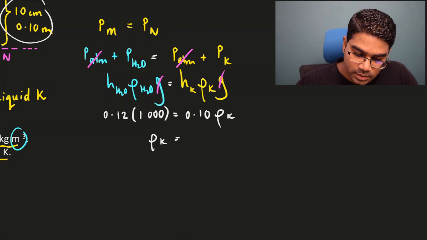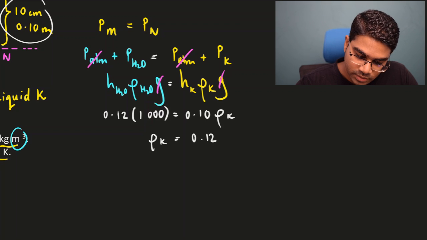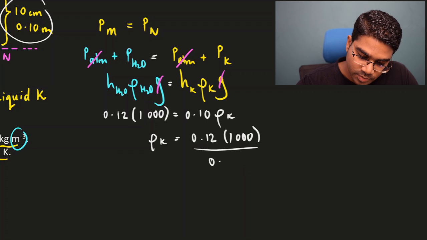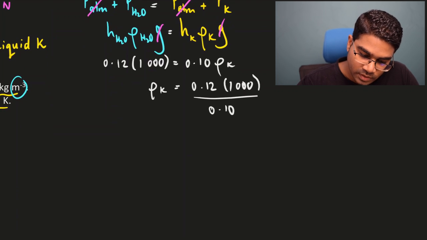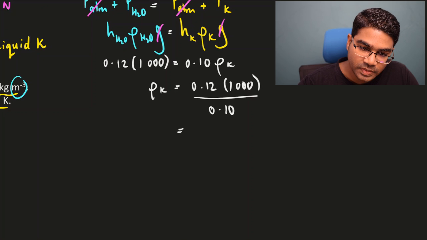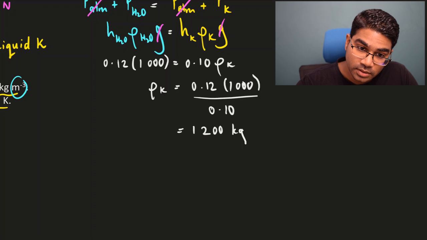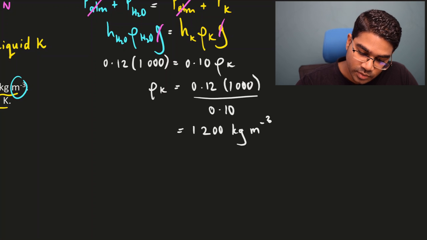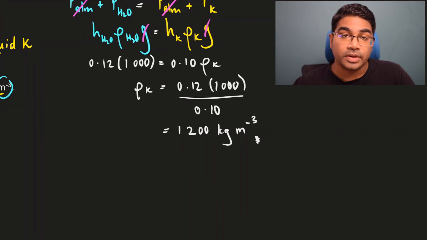Now we will get 0.12 times 1000 divided by 0.10. So what we get here is 1200 kilograms per meter cube. This is the density of liquid K.